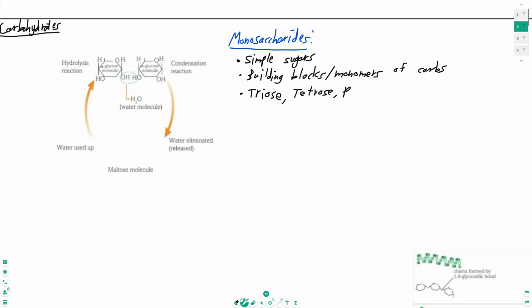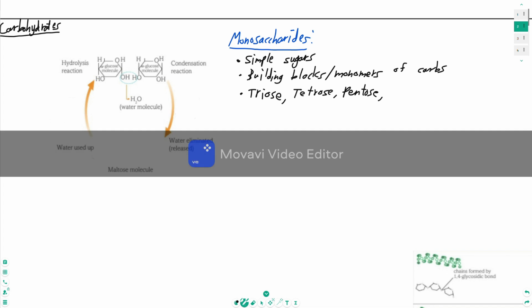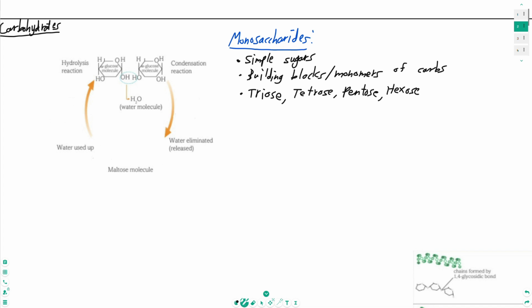We have pentose, which is a carbohydrate with 5 carbons. And we have hexose sugars, which is a carbohydrate with 6 carbons. So triose means 3, tetrose is 4, pent means 5, so 5 carbons, hex means 6, so 6 carbons.